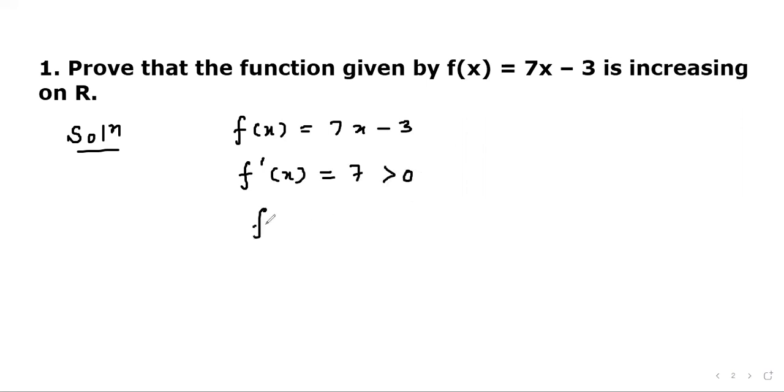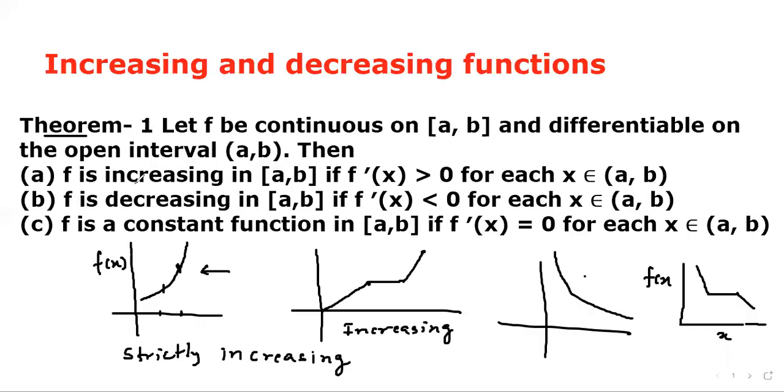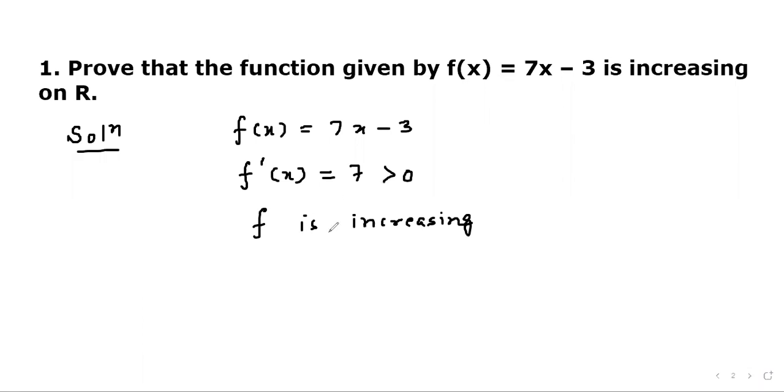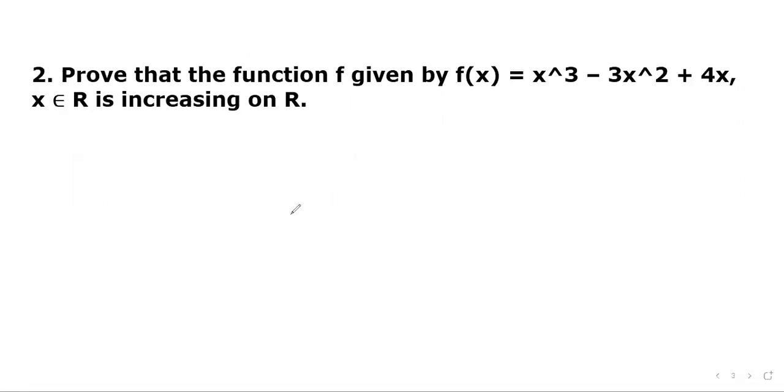Hence, the function f is increasing. If you see the definition, it says f is increasing if f'(x) is greater than 0. And here we have got f'(x) as 7, which is greater than 0. So the function is increasing.